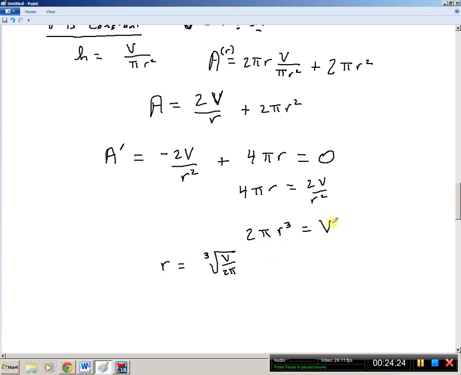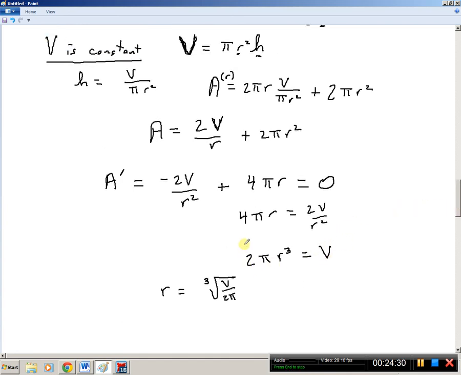Let's look at this in another way. What if we just substitute in what v is equal to from before into this equation that we have right here? Instead of solving for r, let's just put in what v is equal to. V equals pi r squared h.